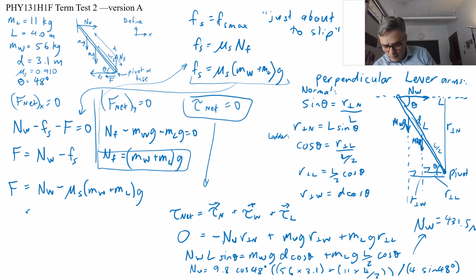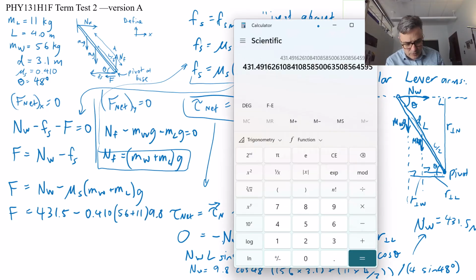And so the force that you're going to apply here is going to be that 431.5 minus, open bracket, 0.41 times 56 plus 11 times 9.8, close bracket, equals 162.